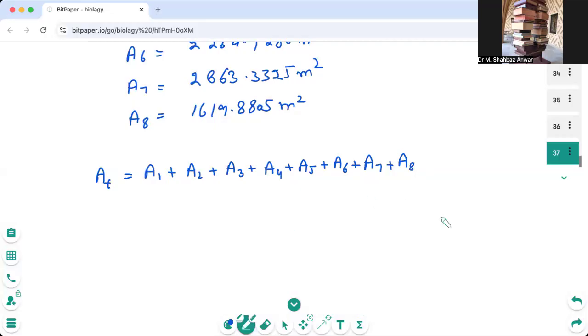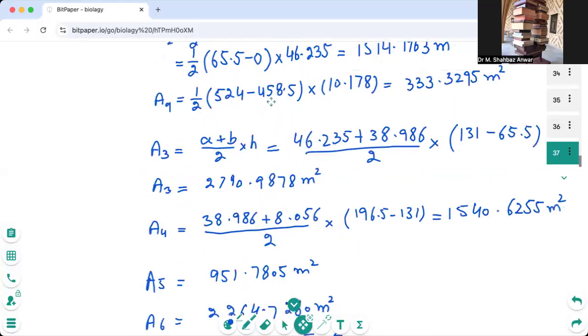You sum up all these areas that we just calculated. It will be your final answer. So in this way, you need to solve this question.